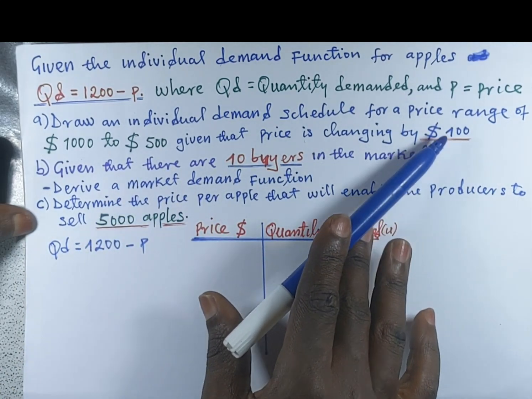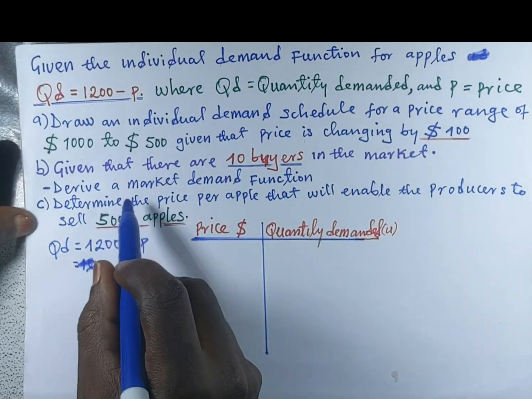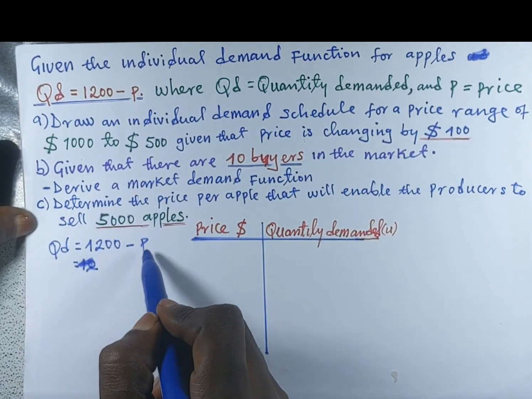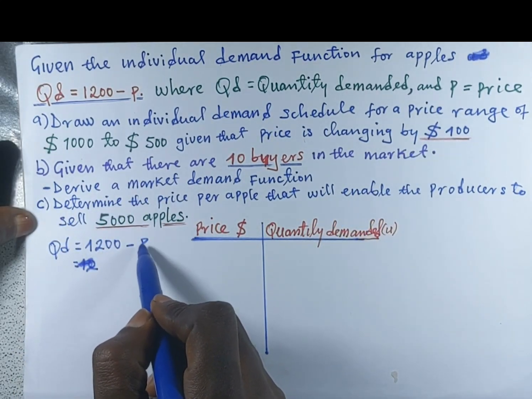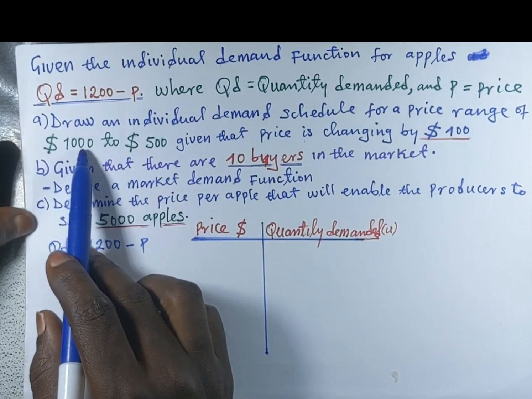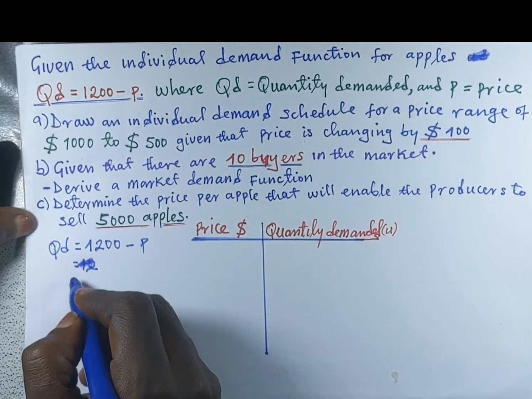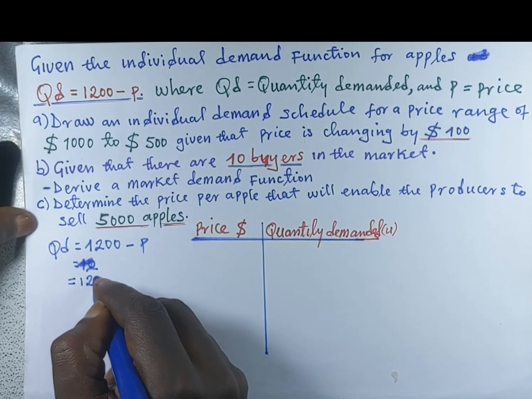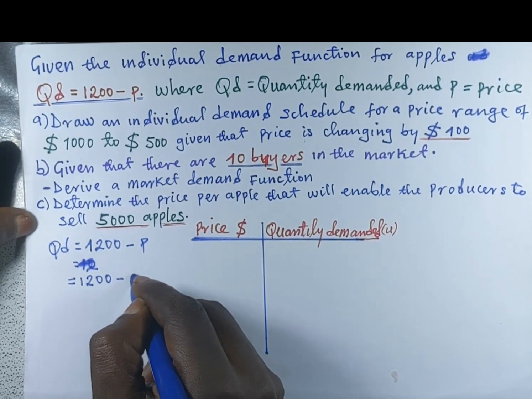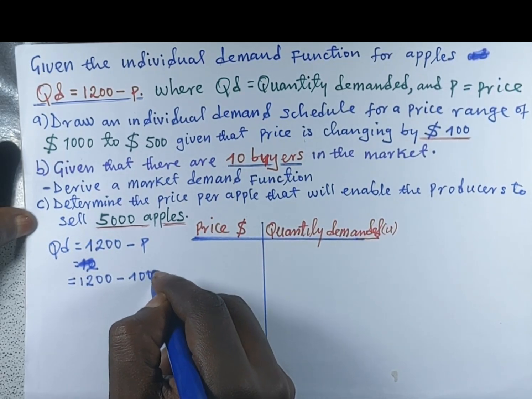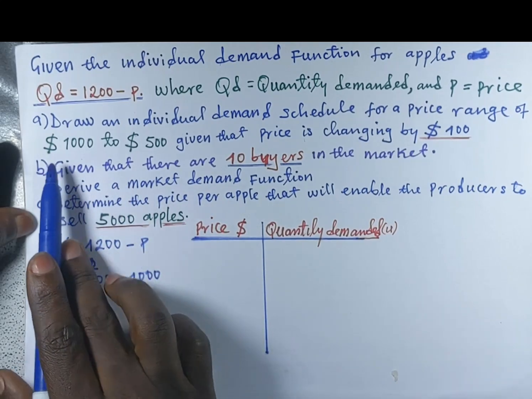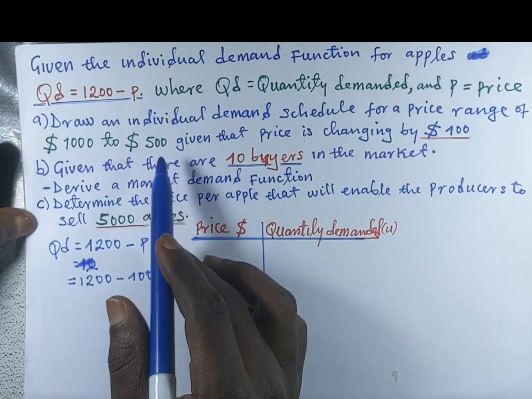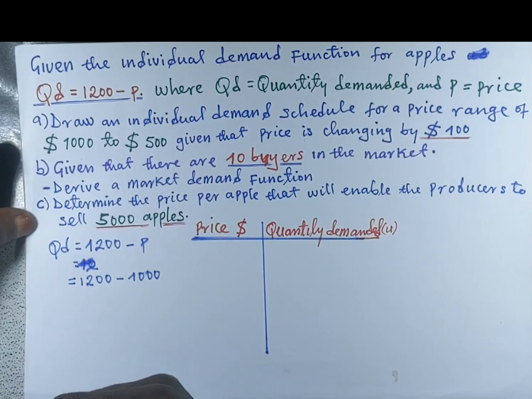That means price is reducing by 100. We can copy down this demand function, and where we see price, we put the value of 1000 to 500. So we can say equal to 1200 minus 1000.